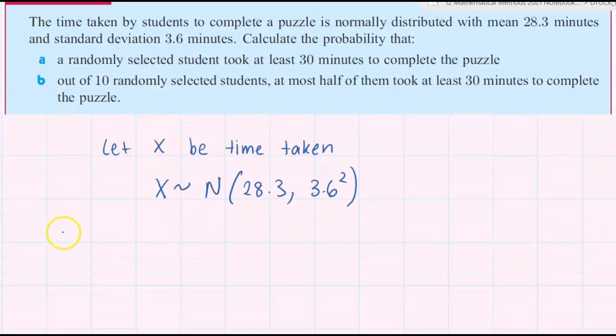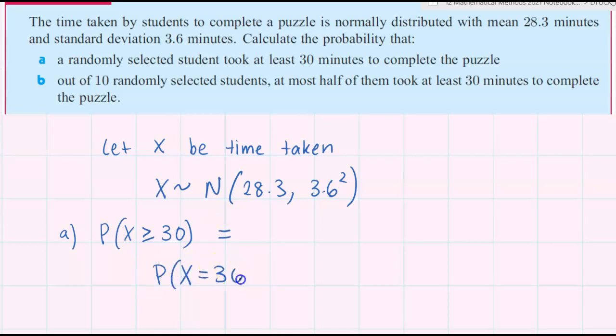Okay, can we calculate the probability that a randomly selected student takes at least 30 minutes to complete the puzzle? Let's go more than or equal to. Now, remembering that for continuous random variables, the probability that x equals 30 is going to be what? 0.